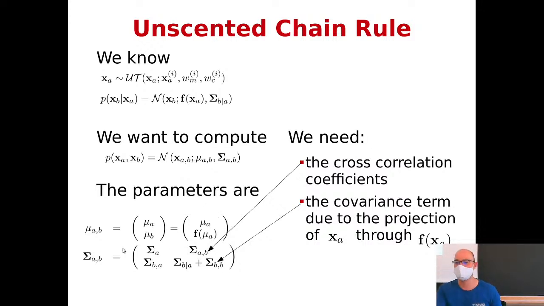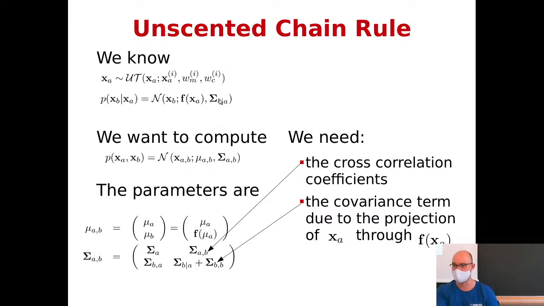Then the covariance matrix will have the following form. This is quite obvious because it's just a partitioning that I do on the Gaussian distribution. It's just a way of giving names to this block, this block, this block, and this block. Also, I know that the covariance matrix of the inner noise of the conditional distribution, sigma b given a, will have to be added to the lower block.